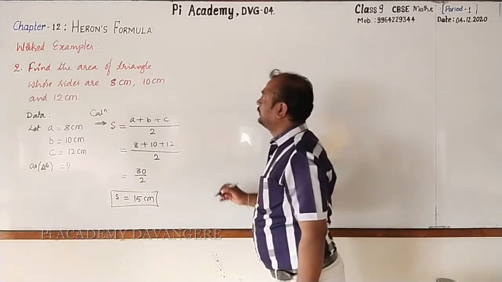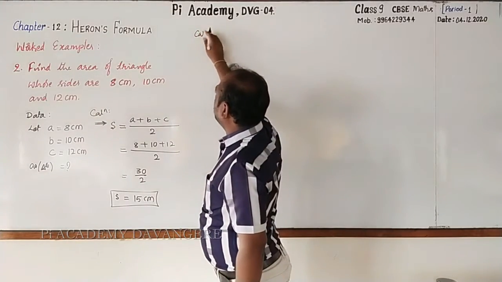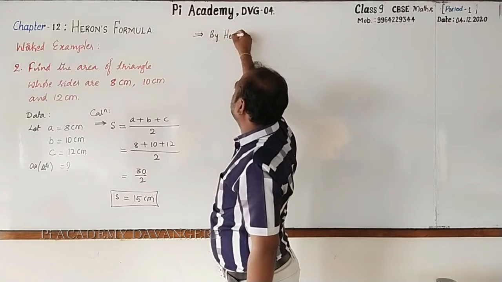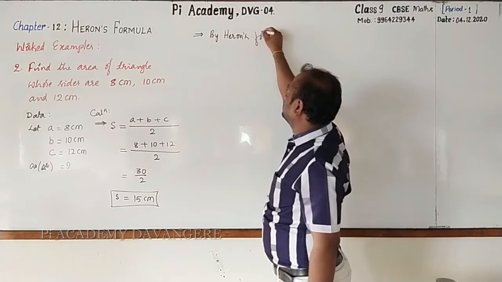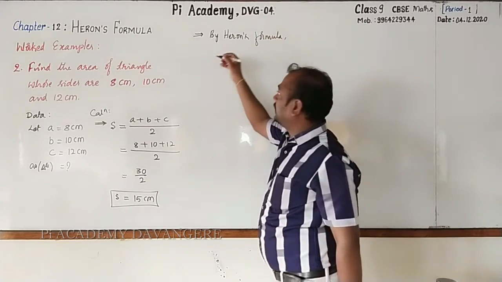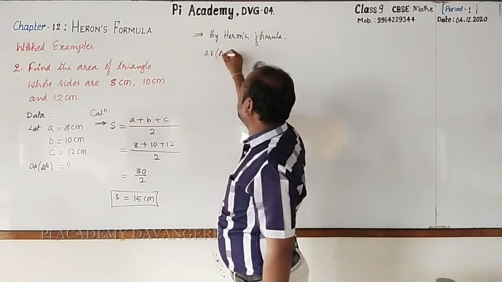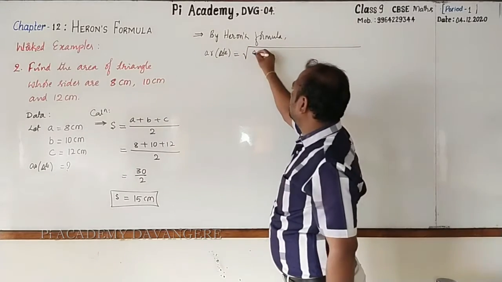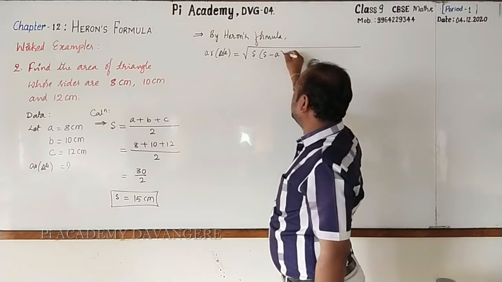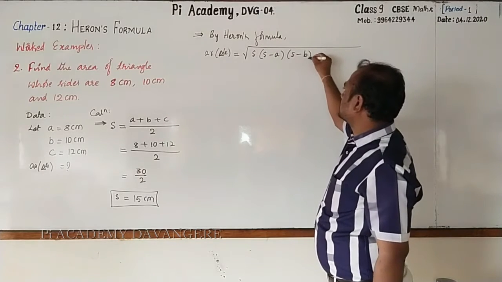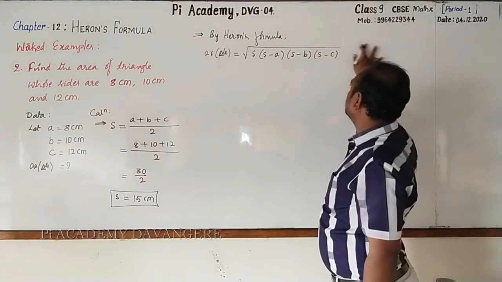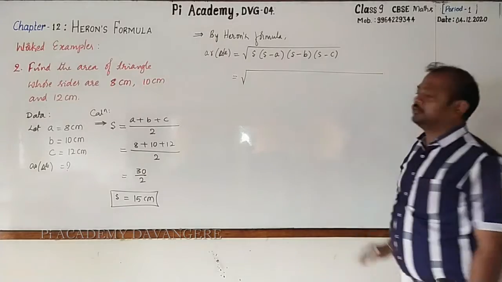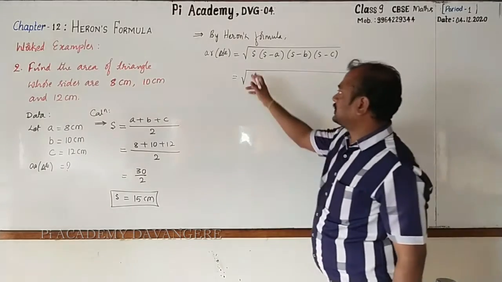Now let us find out area of triangle by using Heron's formula. Here I write by Heron's formula. Yes, recall that formula. It is area of triangle is equal to square root of S into S minus A into S minus B into S minus C. This is equal to square root of, okay, let us go for substituting.